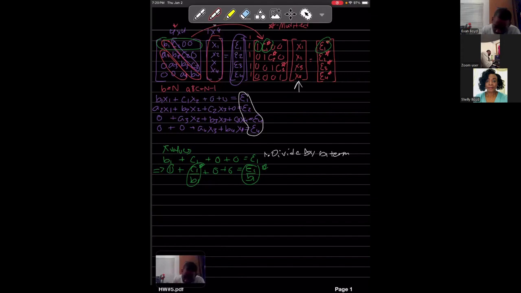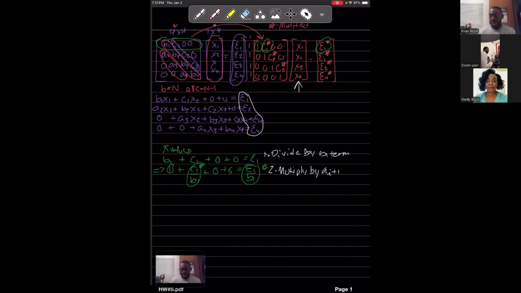What we do next, step two, we will multiply by A of the next integer.